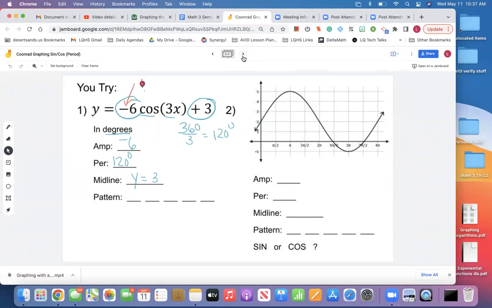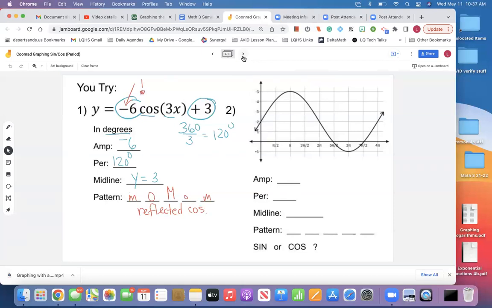Or excuse me, negative lead coefficient. So it's got to reflect. So instead of starting out at the maximum, you're going to start out at the minimum, 0, maximum, 0, minimum, because it is a reflected cosine. Okay, that's all the information.